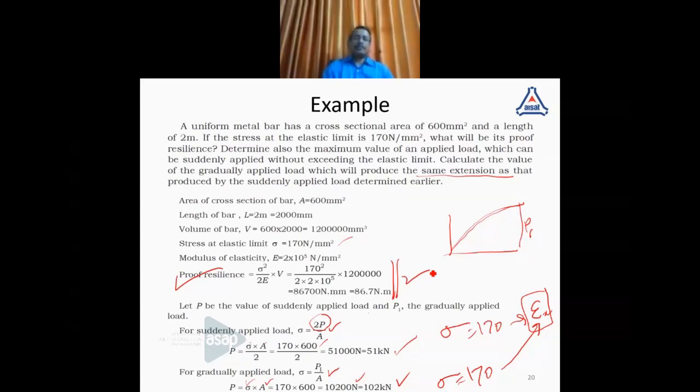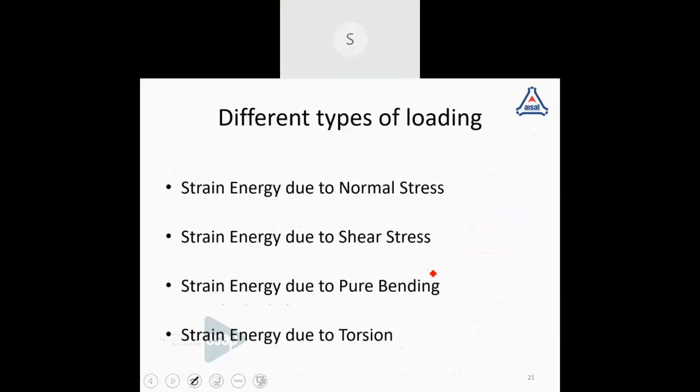We have seen the basics related to the strain energy density and evaluation of strain energy. How the strain energy can be evaluated, starting from strain energy density and the particular type of loading method which we are using.